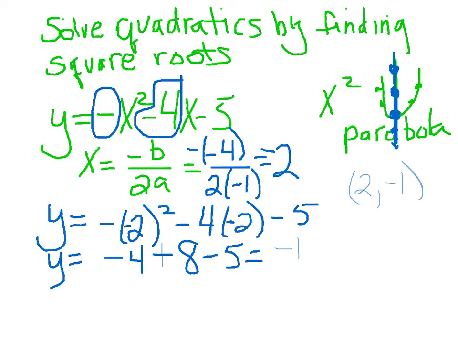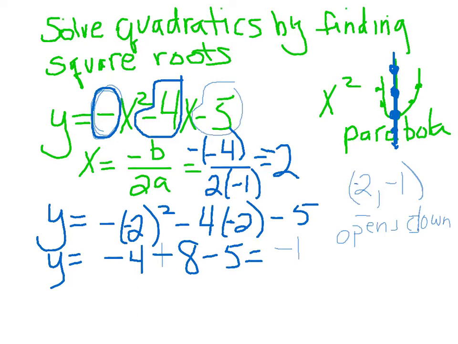Our line of symmetry is x equals negative 2, and it opens down because my a value is negative. What else can I say about this? Let's see, the y-intercept would be negative 5.